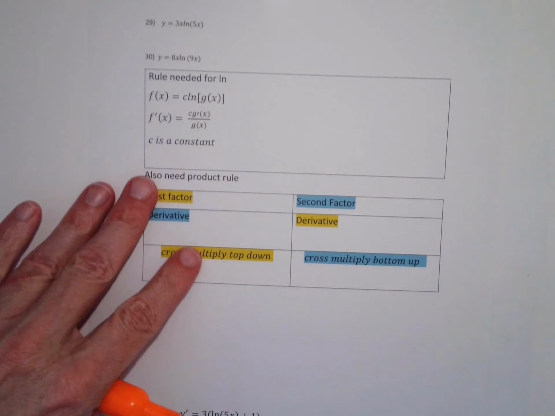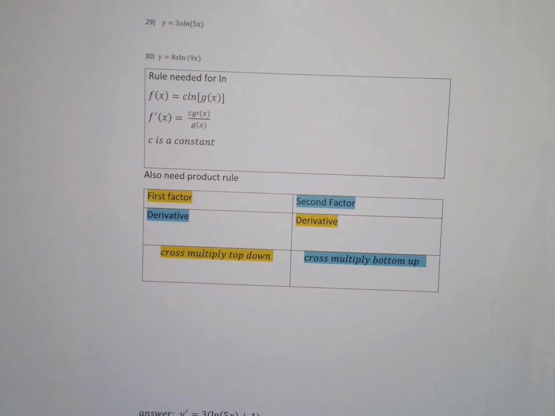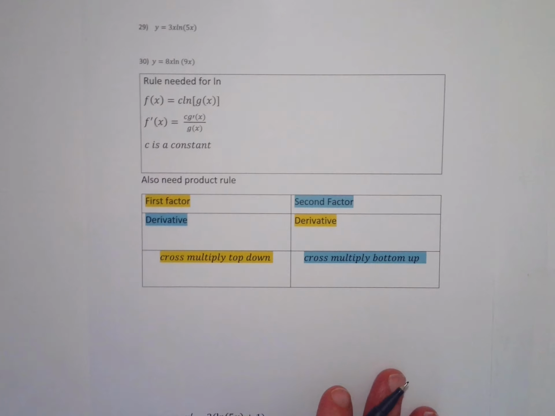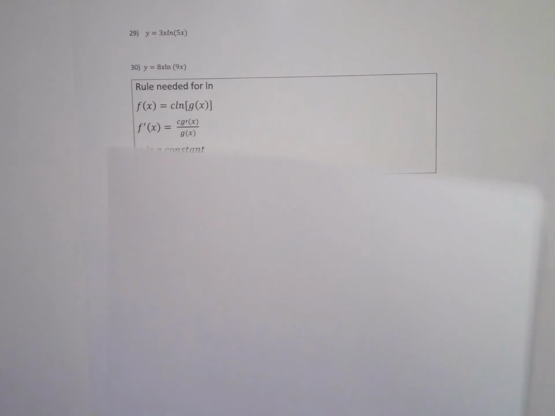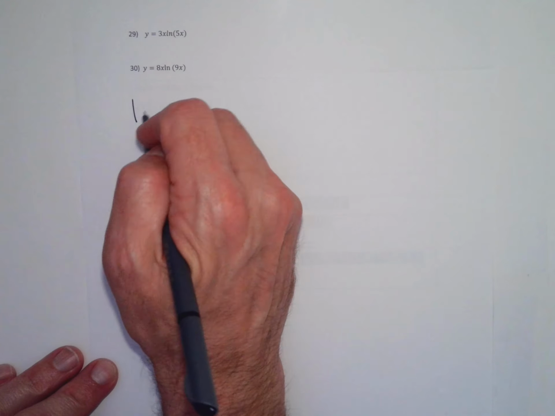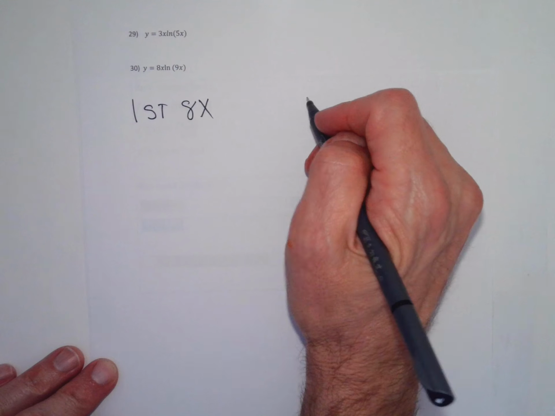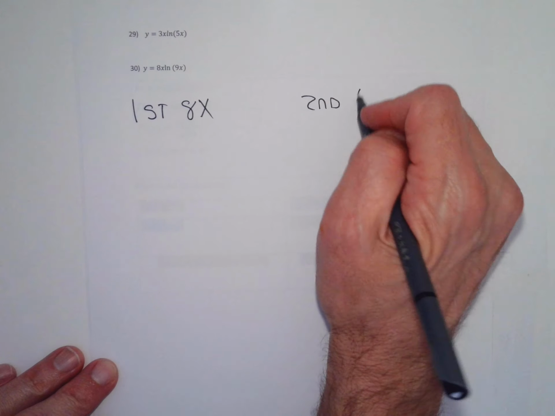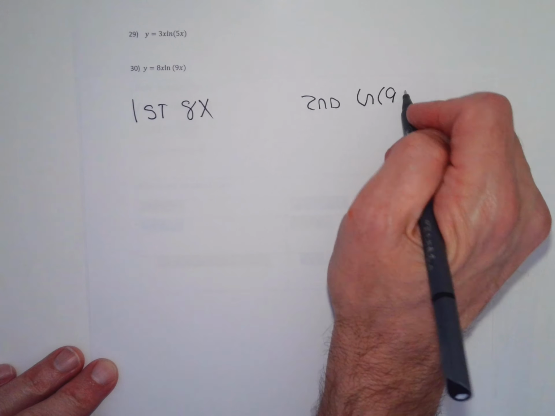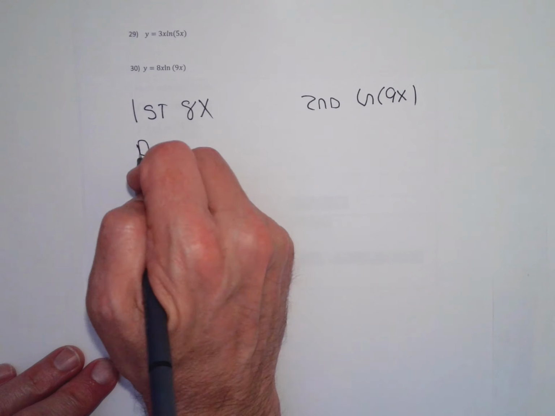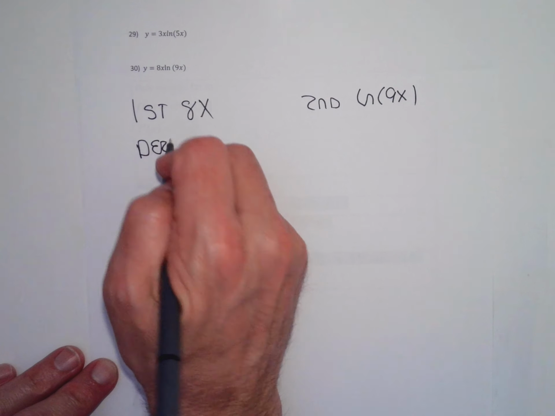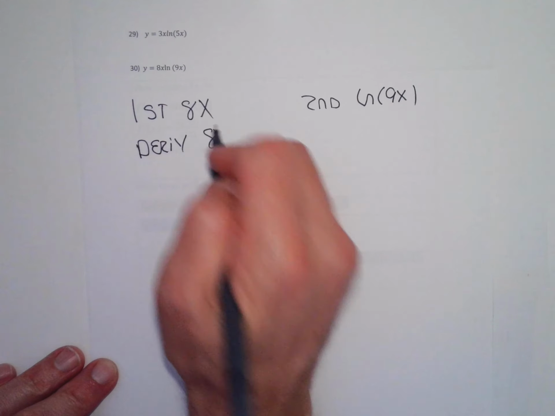Oh, here we go to the product rule. So 30, I need to use the product rule because it's multiplication, but both factors have an x. So for 30, I want my first factor of 8x and my last factor of the natural log of 9x. I'm going to take the derivative here of 8x. The derivative of 8x is just 8.